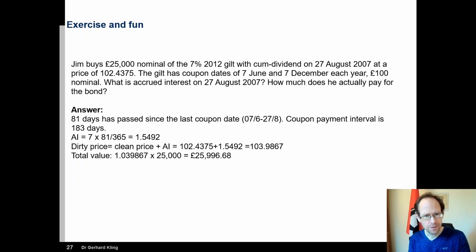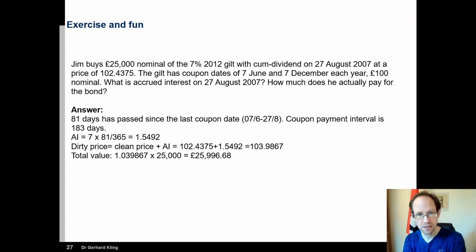Now in this example we have someone, Jim, buying some gilts, so UK government bonds, and this person invests 25,000 nominal, so in nominal value. And there is a coupon of 7%, and it's done on the 27th of August, and the payment dates are the 7th of June and the 7th of December each year.